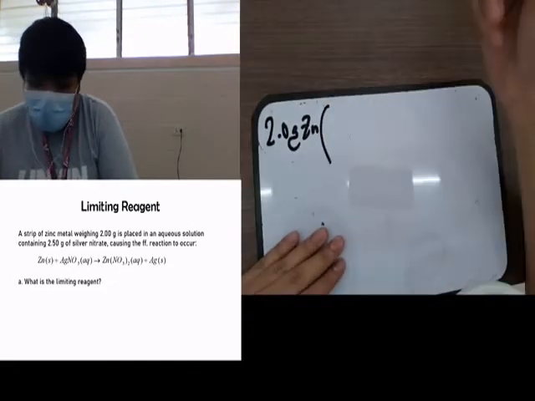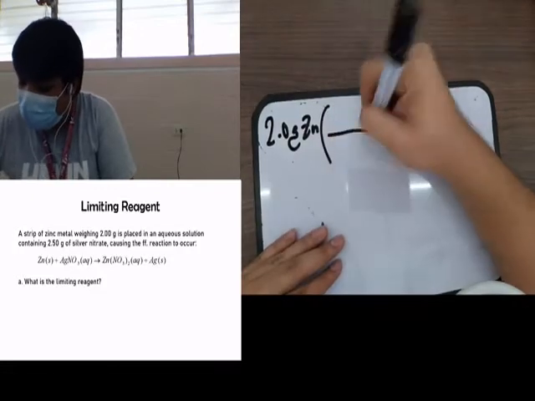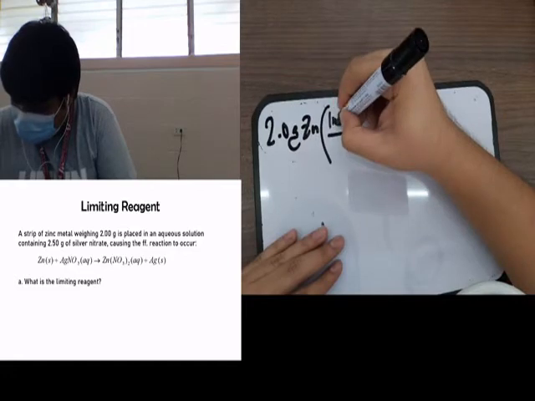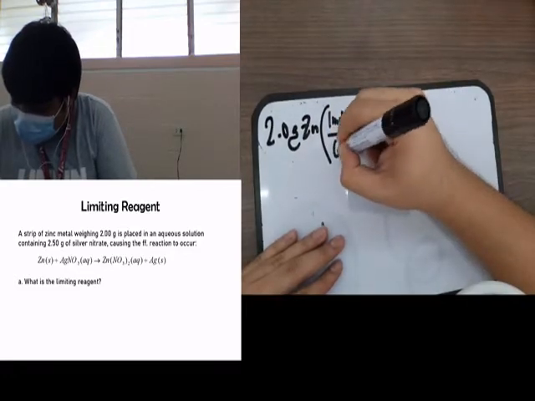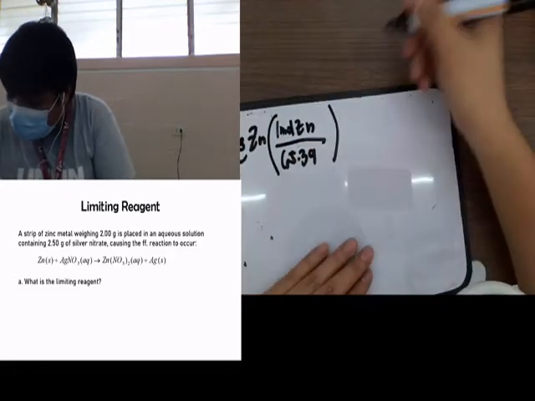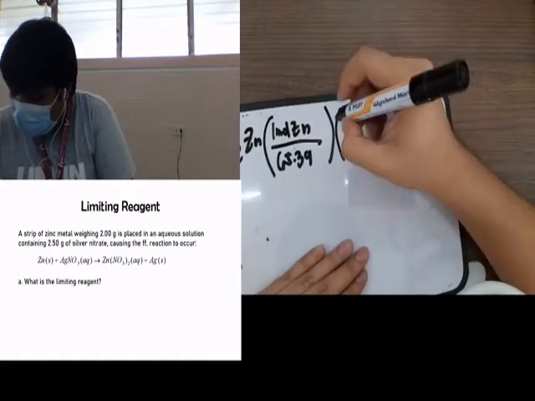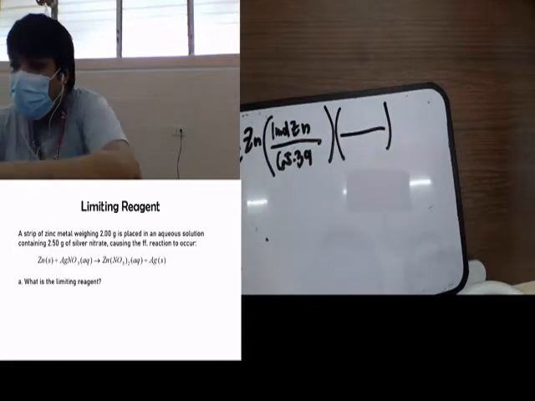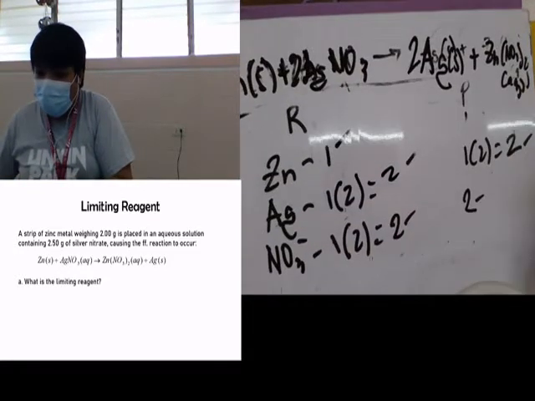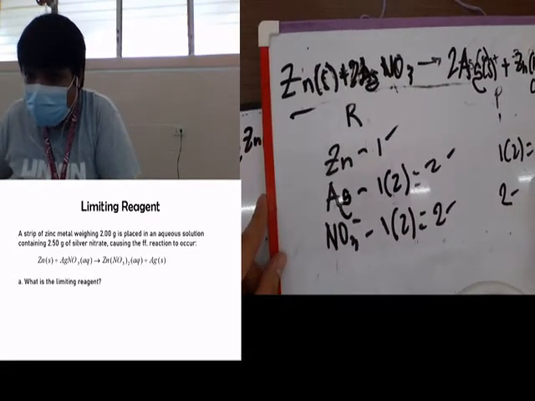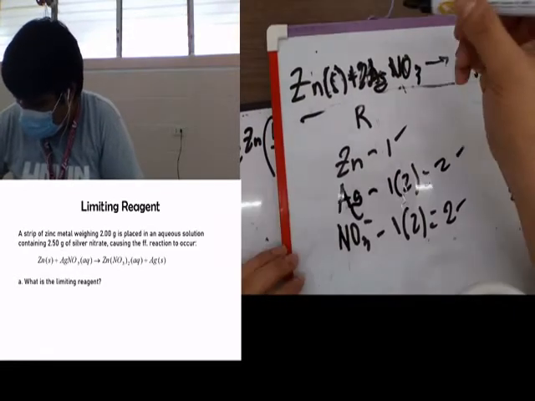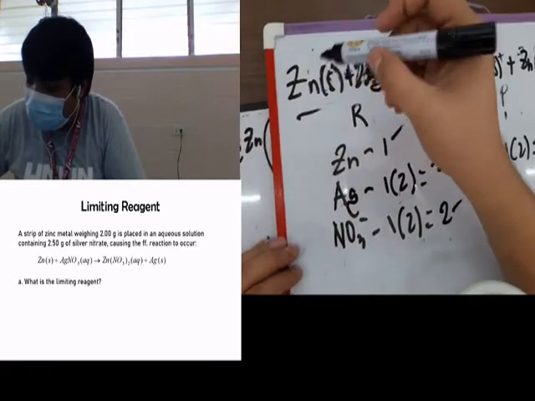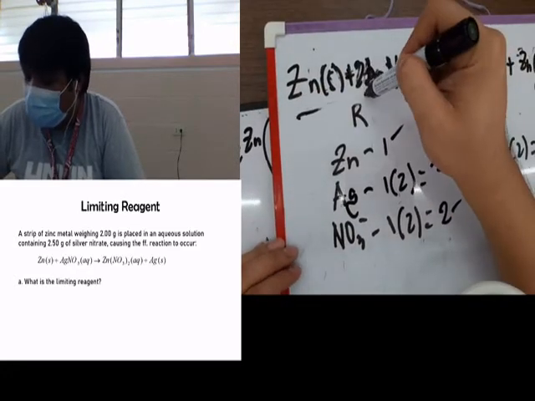By our stoichiometric calculations, we convert this first to moles using its molar mass, which is 65.39. Then we convert this to moles of silver nitrate using the coefficients in the chemical equation. In our balanced chemical equation, the coefficient of zinc is 1 and the coefficient of silver nitrate is 2.